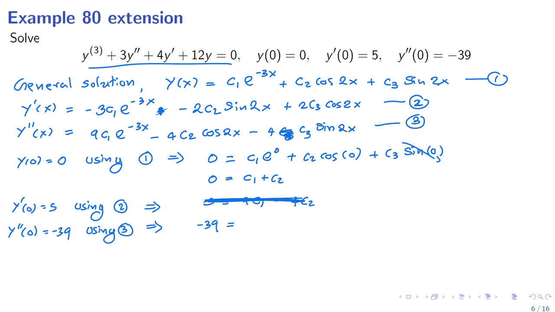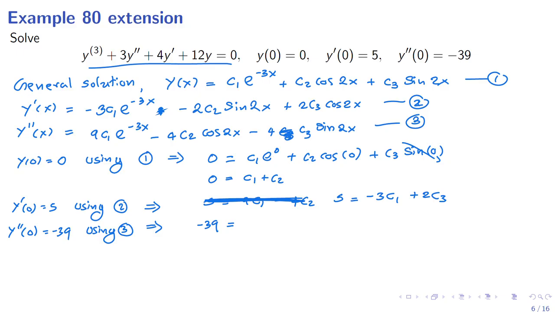I should have used the second one. So 5 equals minus 3c1, e to the 0 is 1, the sine term becomes 0, and the cosine term is plus 2c3.